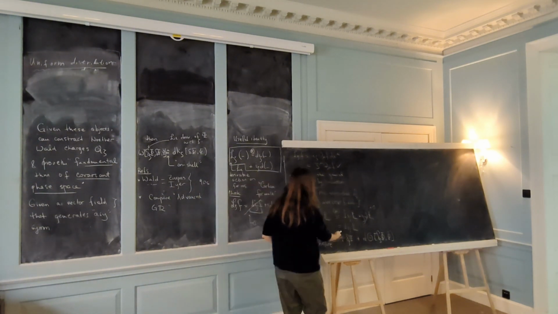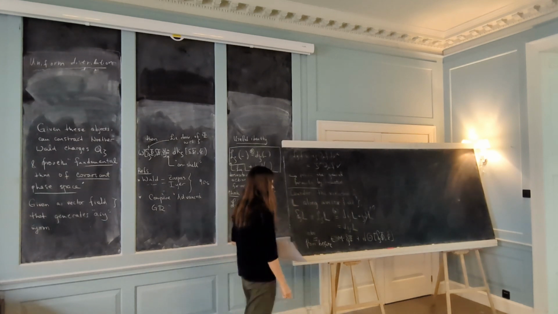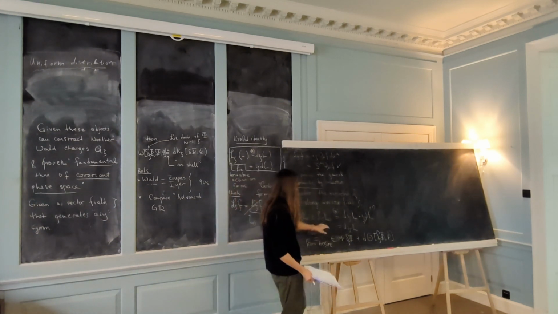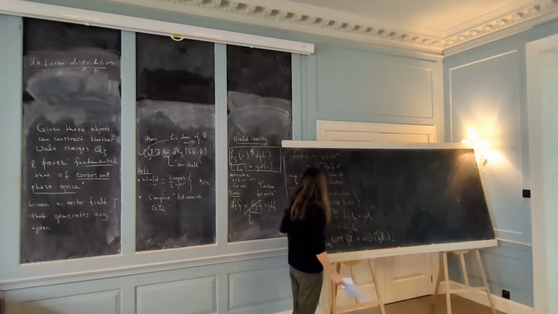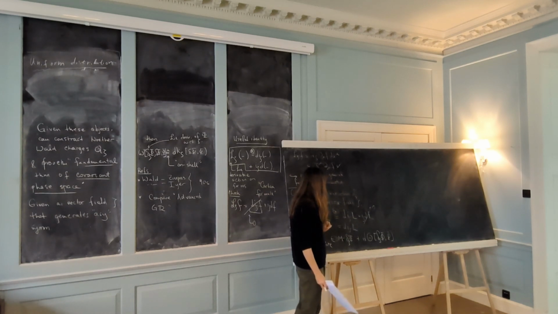So now we can see that we actually have an identity. These are two different ways to obtain delta zeta of L, so they must be equal to one another.